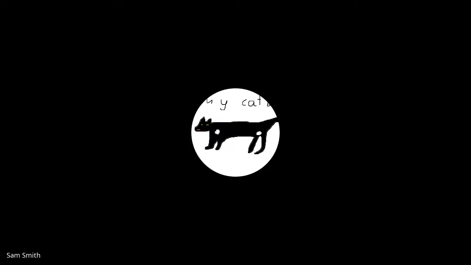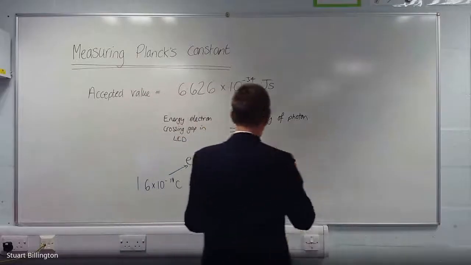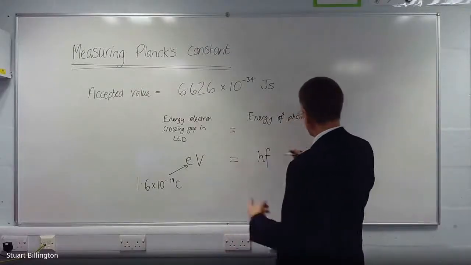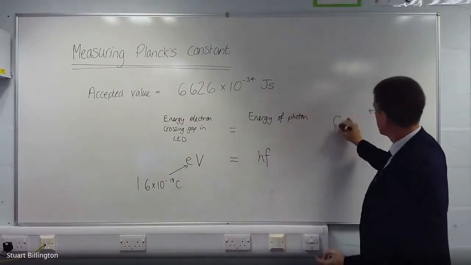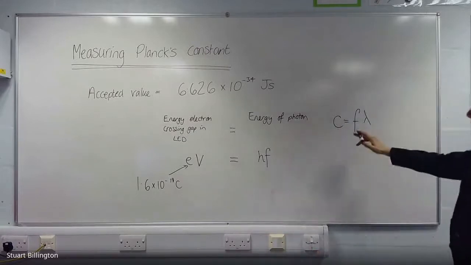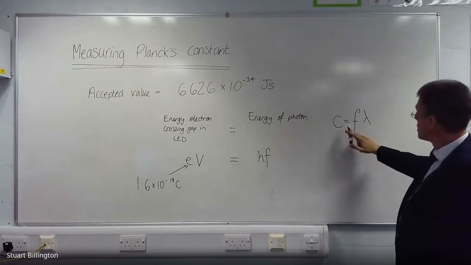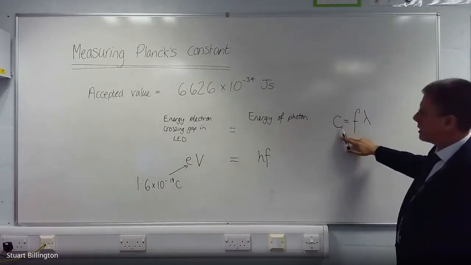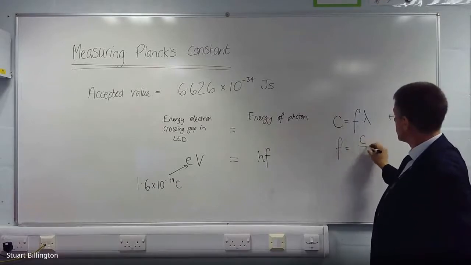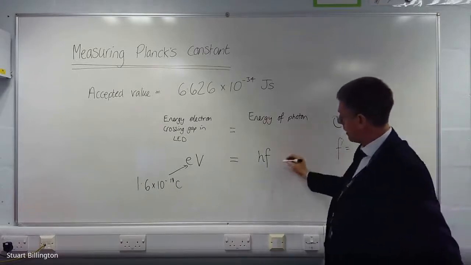Speed over frequency. Yes, speed over frequency. Oh, it's wavelength. Okay, so wavelength is, yeah, the other way. So this is the wave equation. Speed, in this case, the speed of light, equals frequency times wavelength. So frequency is equal to c over lambda, and we can put that in there.